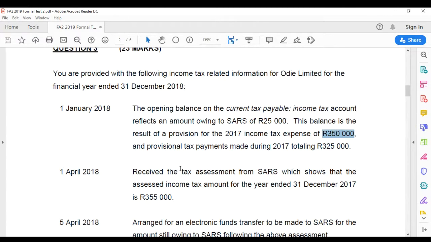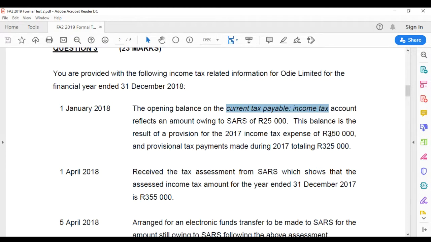And we've also made our obligatory provisional tax payments. We made a first provisional tax payment and a second provisional tax payment, and the two together in combination totaled 325,000 rand. So we credited our bank account with those two payments, and in total we would have debited our current tax payable income tax account.